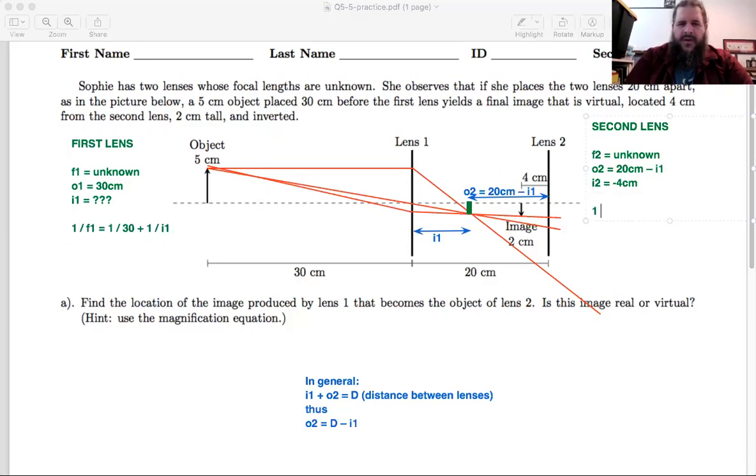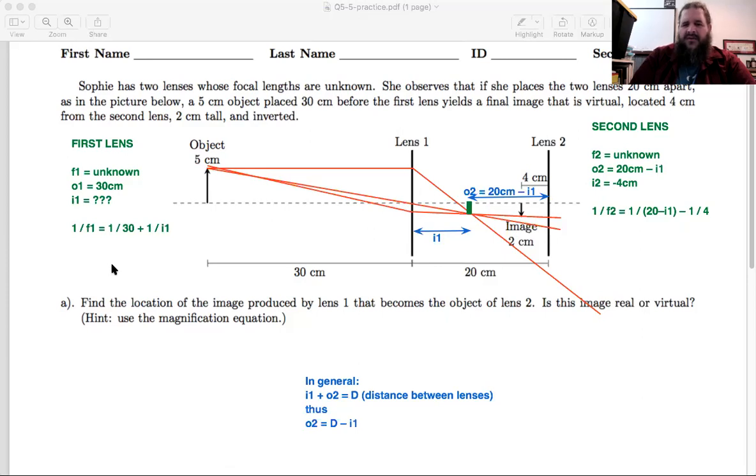Likewise, we know that 1 over F2, which is unknown, equals 1 over O2, which is 20 minus I1, plus 1 over I2, which is -4. So that becomes -1 over 4. So we have several unknowns here. It looks like we don't know F1 or I1 or F2. So we've got 3 unknowns, but only 2 equations.